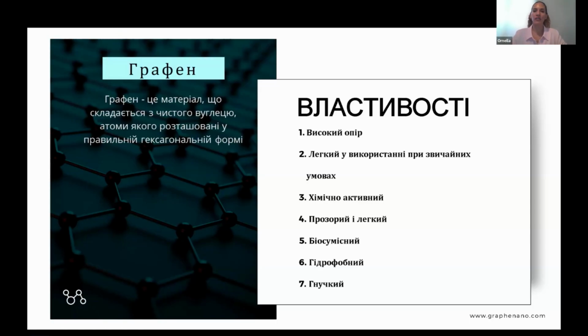Some of the properties that graphene has: first, it is extremely resistant. It's going to increase all the mechanical properties of any material that we introduce graphene inside. Also, graphene has the capacity to provide conductivity in all the materials.